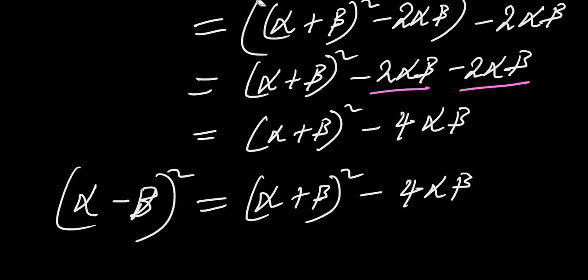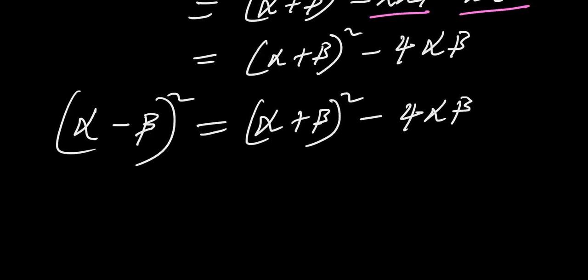Now that we have been able to derive this, let this be properly written. Good. So now that we have been able to derive this, we can now take the square root of both sides in order to eliminate this square sign from here.